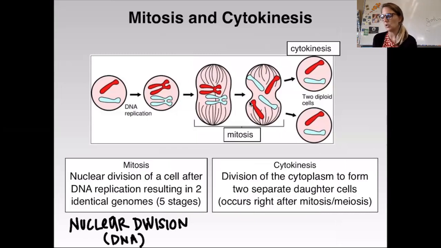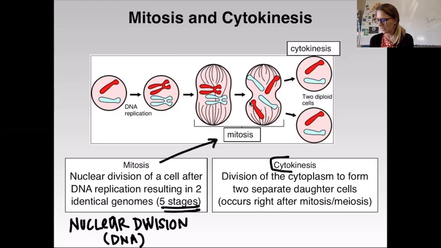So mitosis is the nuclear division of a cell after DNA replication, resulting in 2 identical genomes. And we're going to see that this has 5 stages that you're going to know and love. All right. So what we're seeing here, mitosis, is where we have those replicated sister chromatids getting pulled apart into their separate cells.